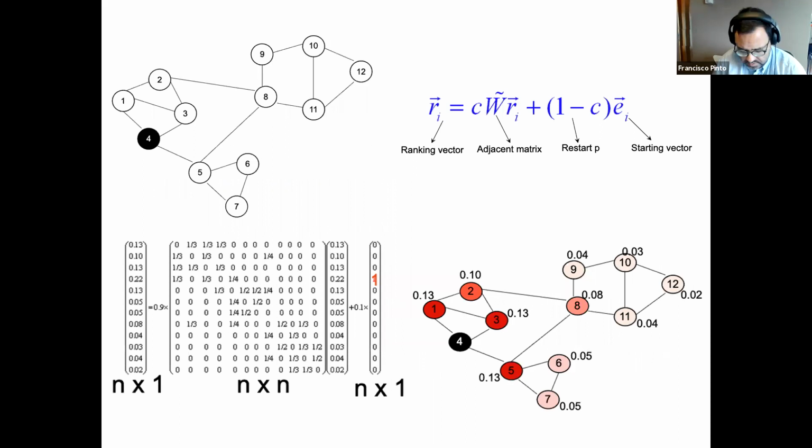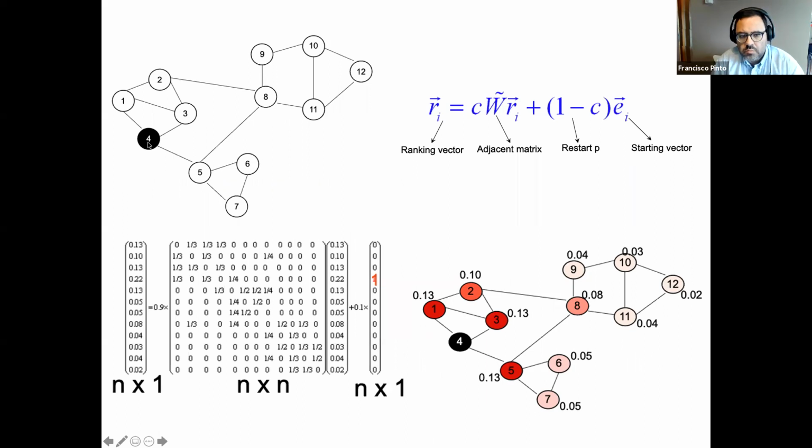The random walks, and in particular the random walks with restart. You can imagine, for example, that I have a walker. So imagine that this is a map of roads in a country, and you have a traveler or walker that starts in node 4.